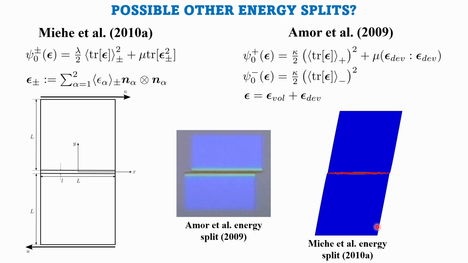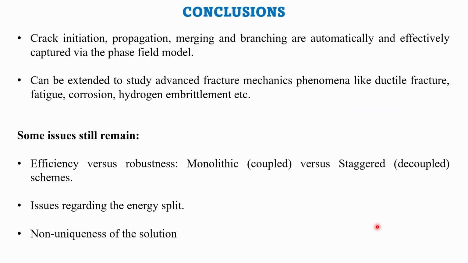Okay, so this is one of the many disadvantages that I talked about here. So to conclude this entire 3-lecture series, we saw that crack initiation, propagation, merging and branching are automatically and effectively captured via the phase field model, and it can be extended to study advanced fracture mechanics phenomena like ductile fracture, fatigue, corrosion, hydrogen embrittlement, etc. Actually, right now I am working on ductile fracture, and if you tell me, I will be happy to post some videos on ductile fracture.